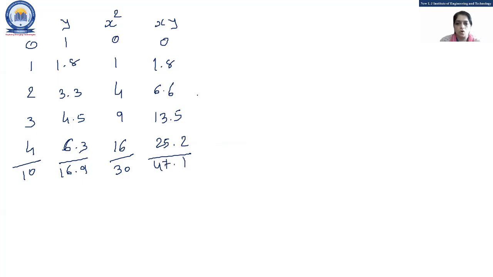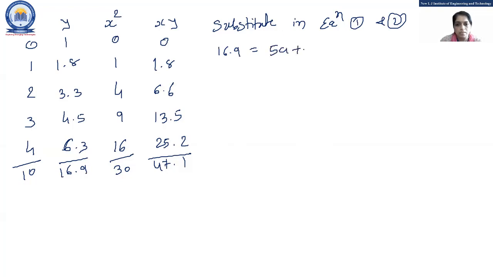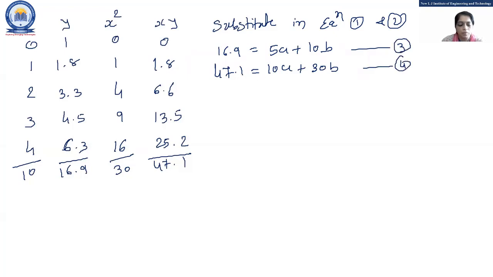Now we are going to substitute all these values in equation 1 and 2, and that is summation y, so that is 16.9 is equal to 5a plus 10b. And the other one is 47.1 is equal to 10a plus 30b. So this is equation 3 and this one is equation 4.